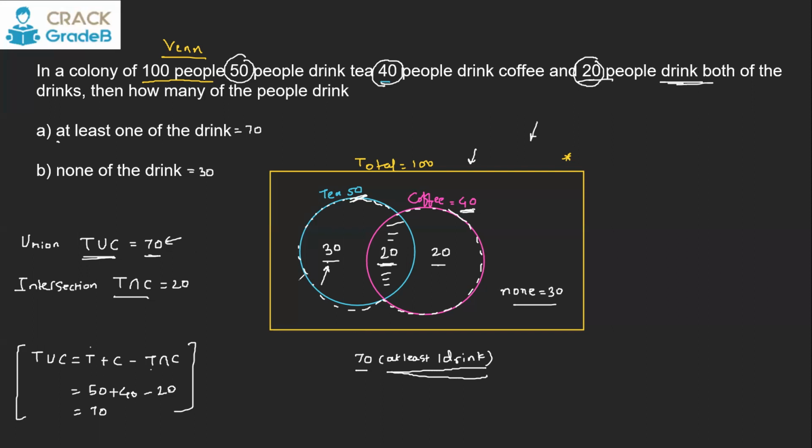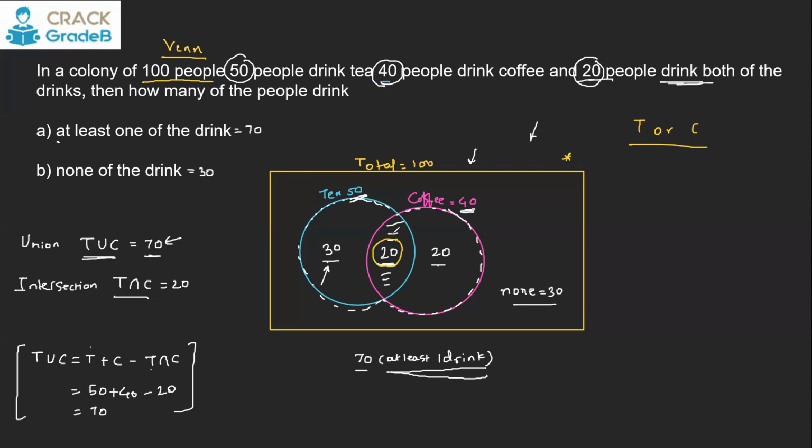Now, this is about the two parameters. If exactly two parameters are asked, there can be sometimes a question regarding how many people drink tea or coffee. In the same example, if I ask you how many people drink tea or coffee, one might wonder, tea or coffee should involve these 20 people or not, because they drink both the drinks.